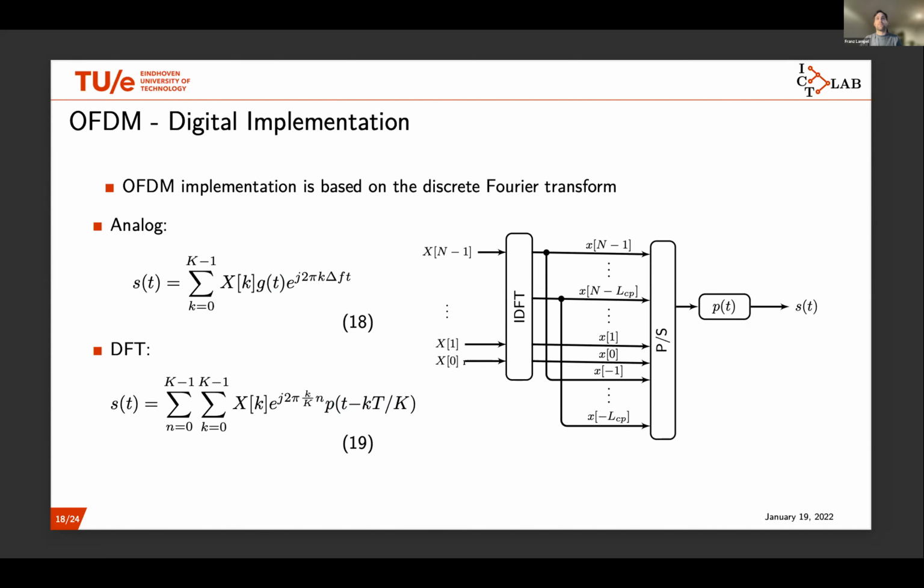You have the symbols in the frequency domain, you perform an inverse discrete Fourier transform, and you get your sequence. To sustain the cyclic properties, you add a cyclic prefix by copy-pasting the last L symbols, the length of the cyclic prefix. Then you send this and do pulse amplitude modulation, which can model, for example, the low pass filter.